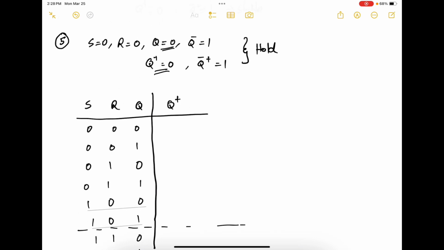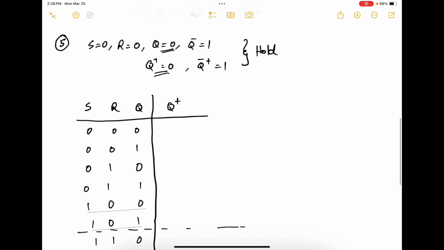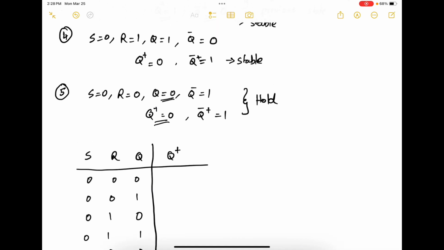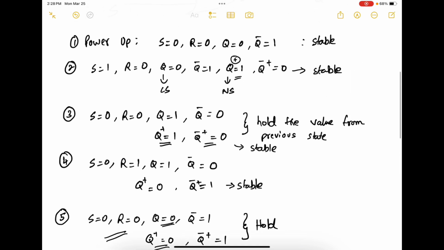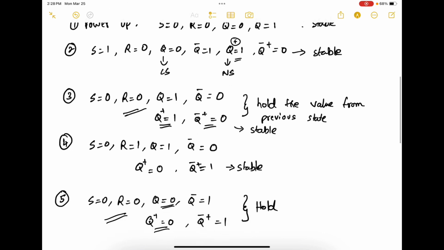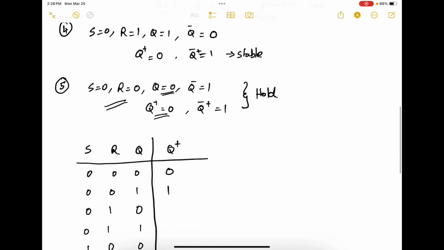So if s equals to 0, r equals to 0, and q equals to 0, do we have that combination? Yes, which is this one here. Your q plus is going to be a 0. When s equals to 0, r equals to 0, and q equals to 1, which is this combination, your q plus is going to be a 1.